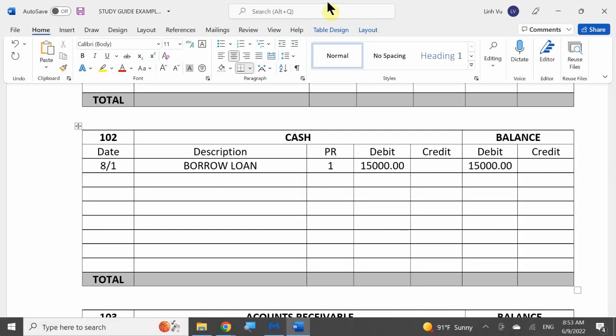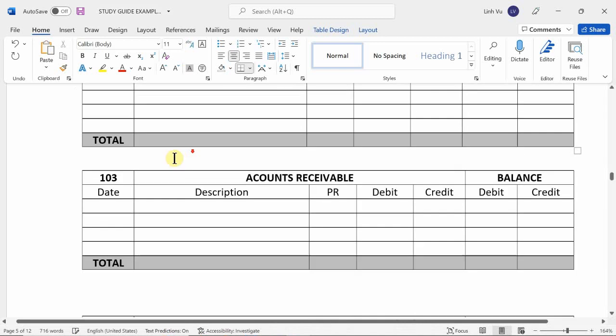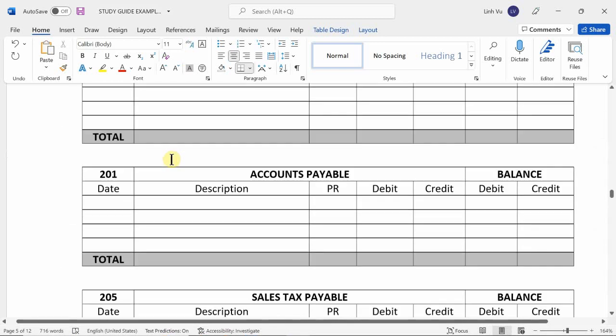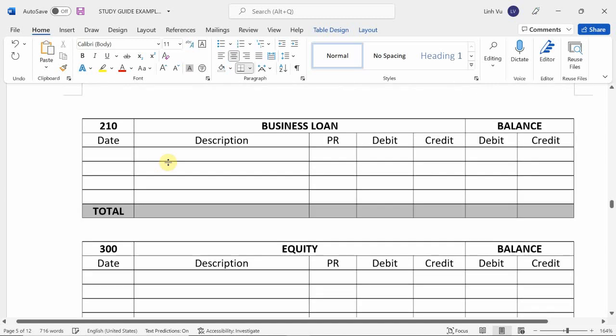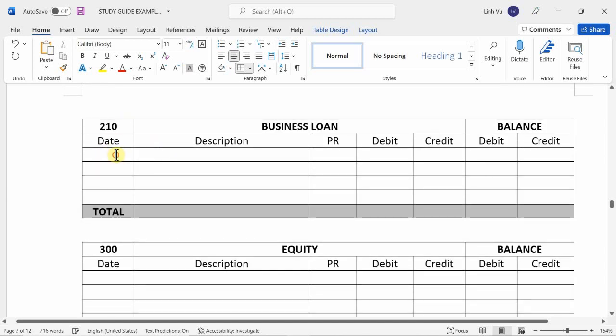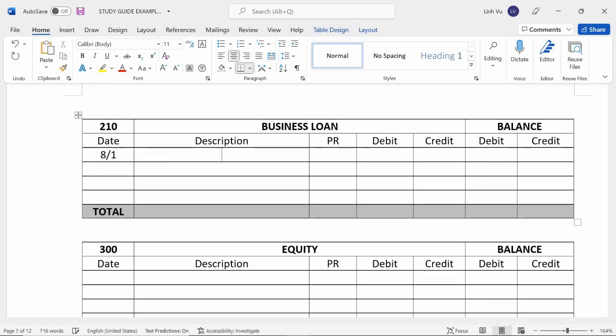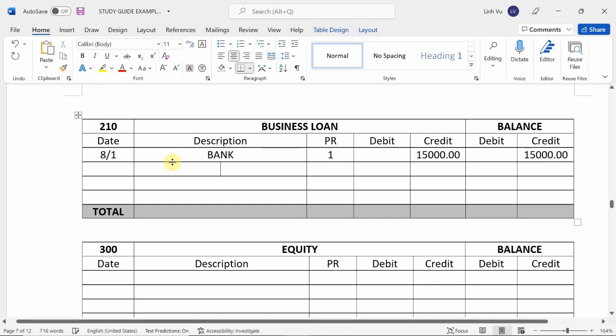Okay. That means right now I have $15,000 in cash. And let's see, I took a loan, a business loan. Here we go, business loan. It's a credit balance because I increased my liabilities. Okay?